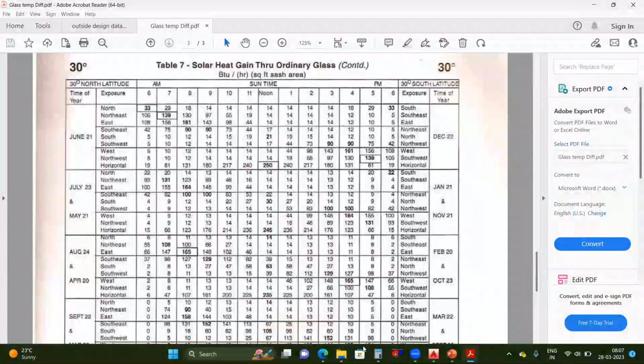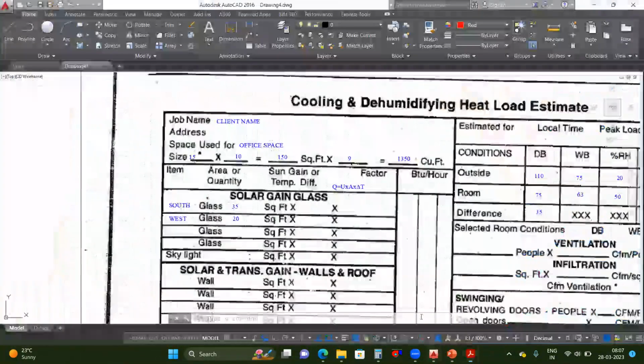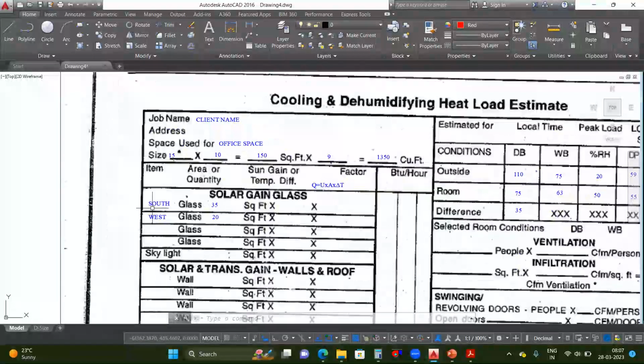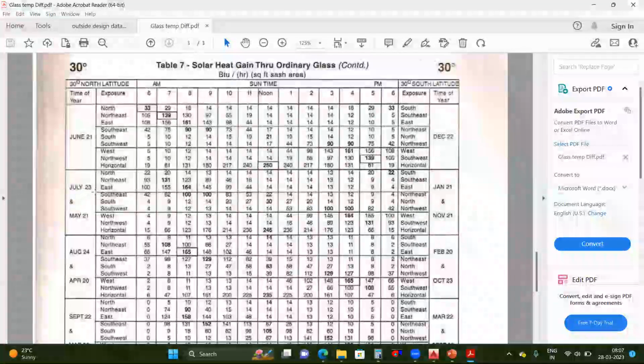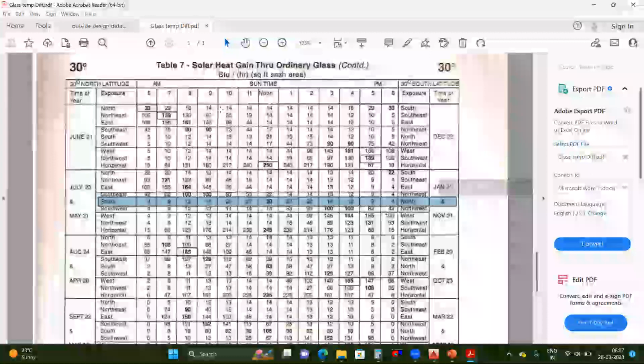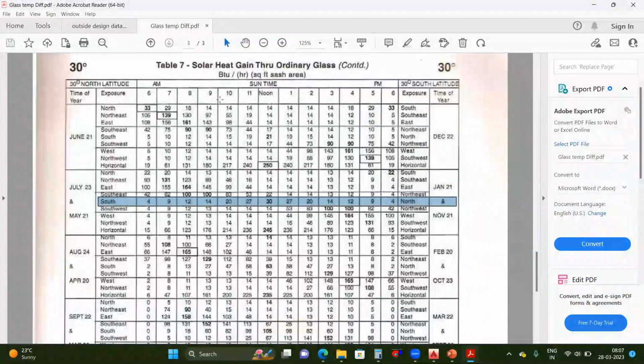We are calculating two exposures: one on south and one on west side. I'll select the south value first. If you see the south value, we have more values here, covering all the time from morning 6 a.m. to noon, afternoon, and till 6 p.m. in the evening.